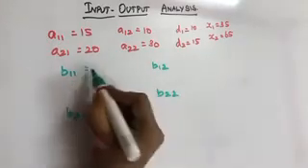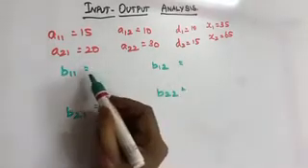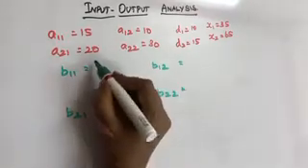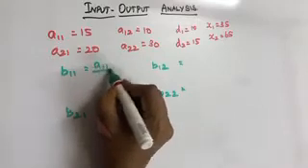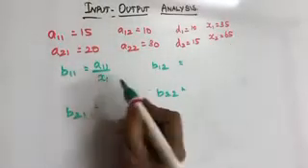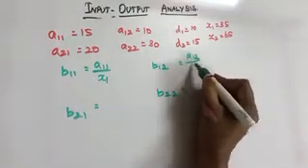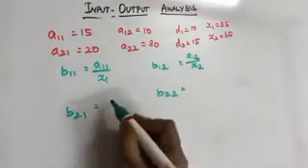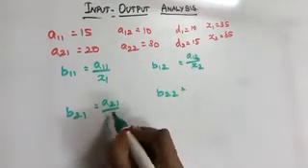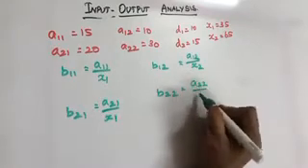These are the values we need to calculate. The formula for B11 is A11 by X1, B12 is A12 by X2, B21 is A21 by X1, and B22 is A22 by X2.